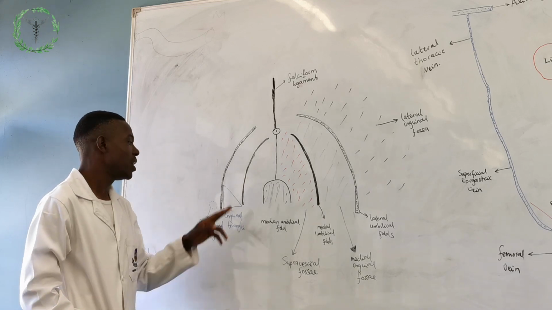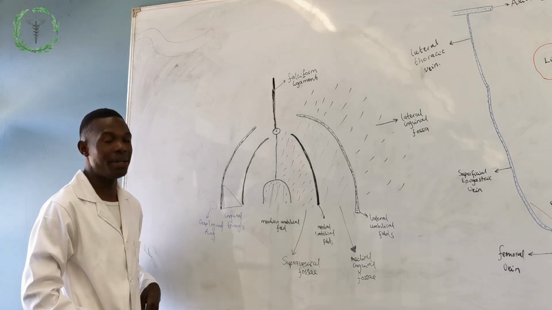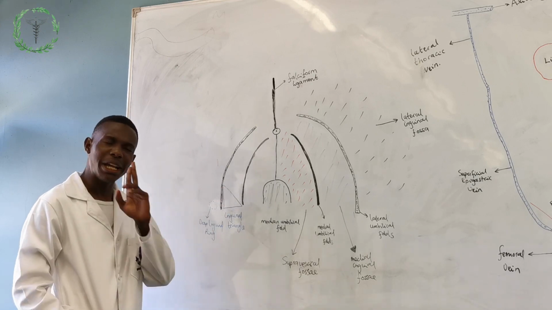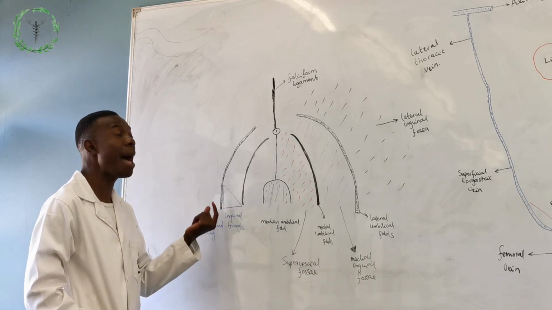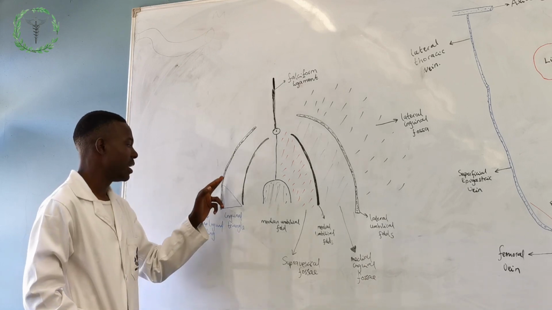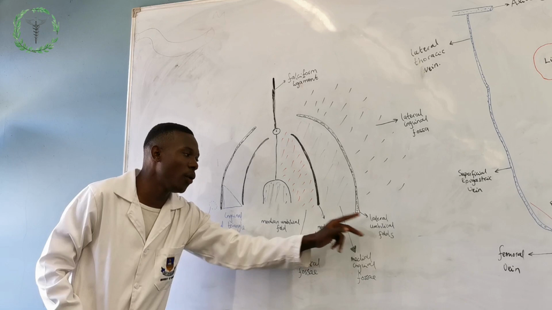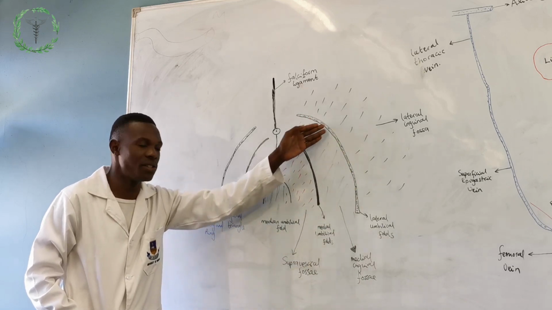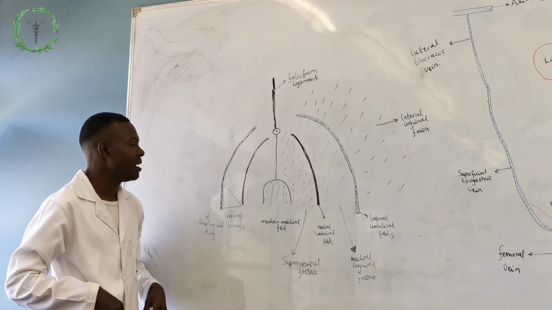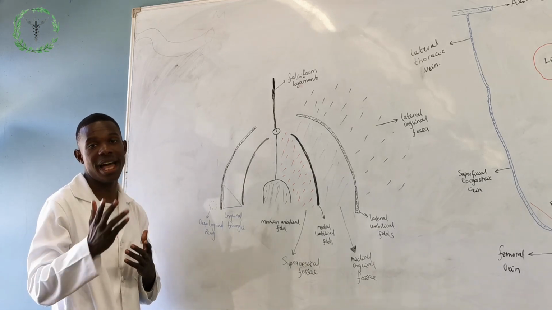And the lateral border is formed by the inferior epigastric vessels. Since the lateral umbilical fold is formed by the inferior epigastric vessels, the lateral border of the inguinal triangle is formed by the inferior epigastric vessels, both the artery and the vein.